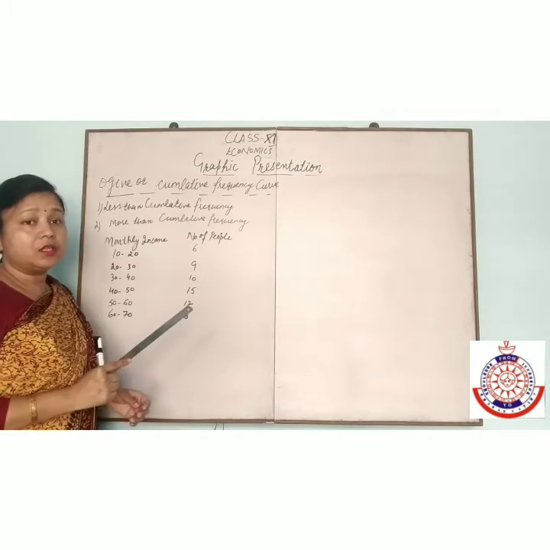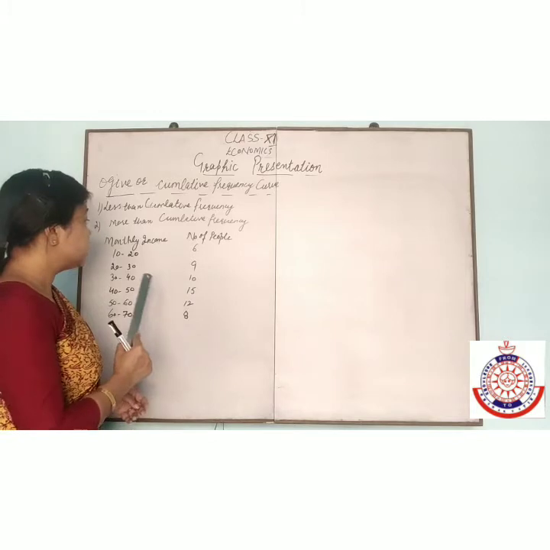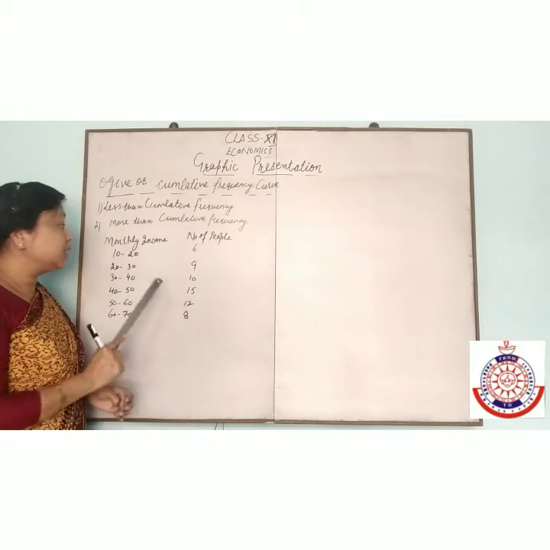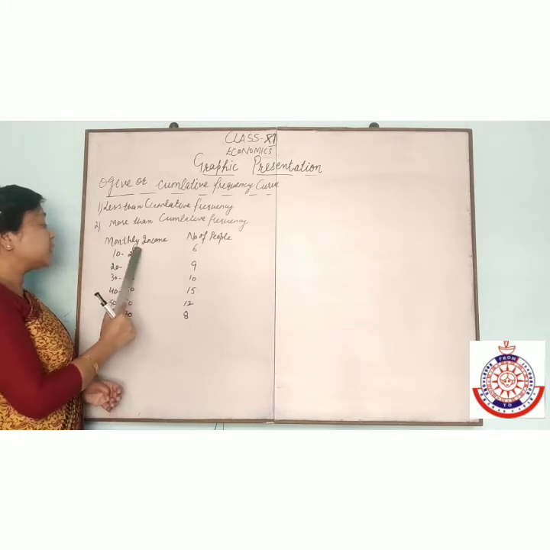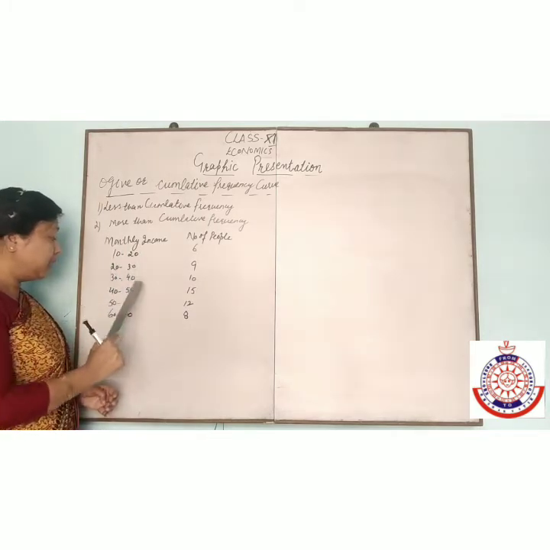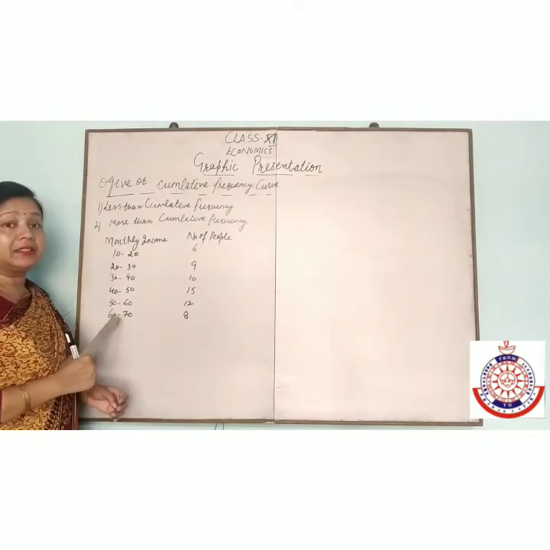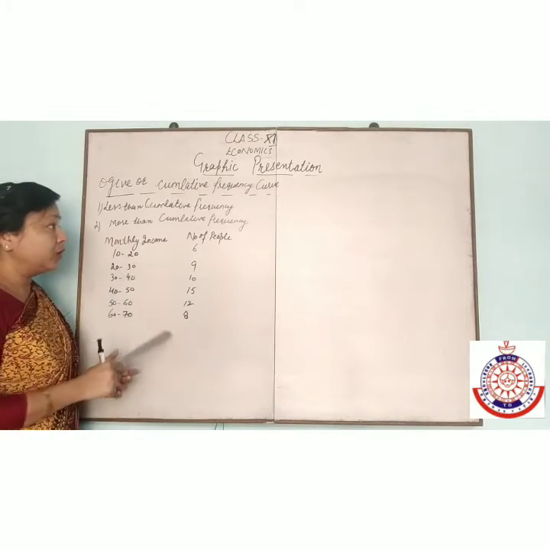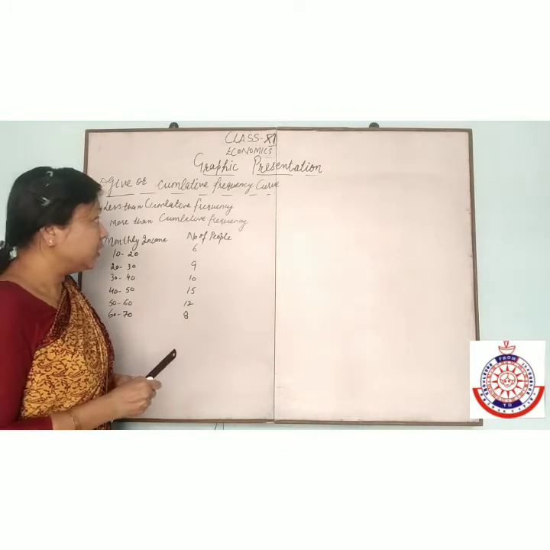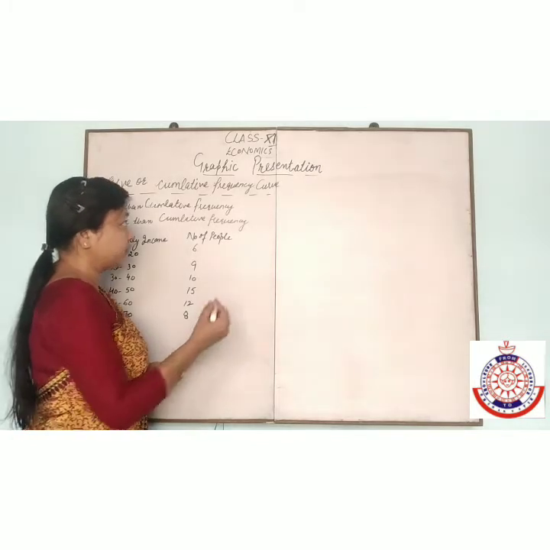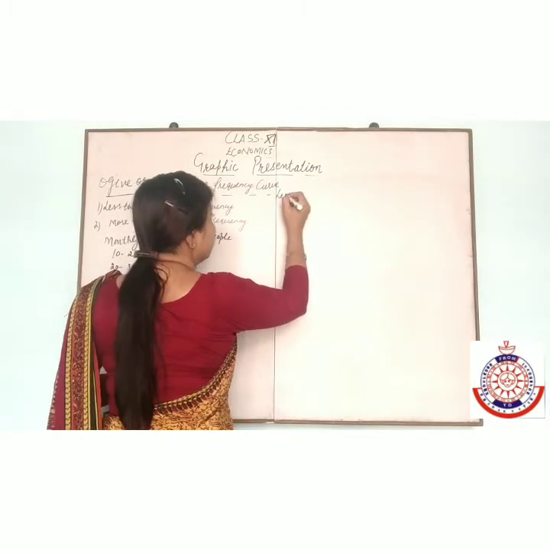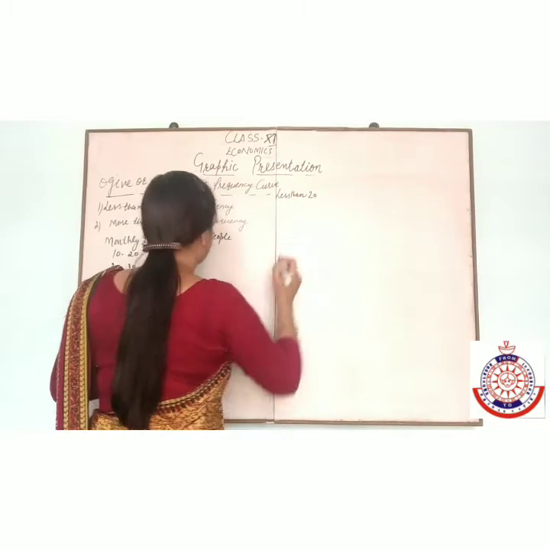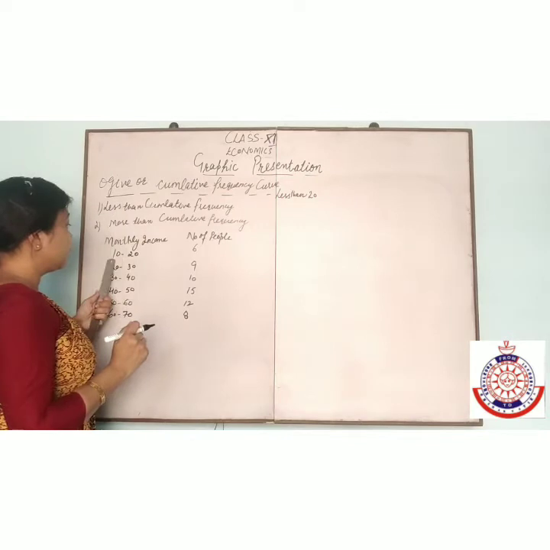Now how can we convert to the less than series? Whenever we convert to the less than series, we take the first class interval upper limit up to the last class interval upper limit. So here we start from less than 20. How many people are less than 20?